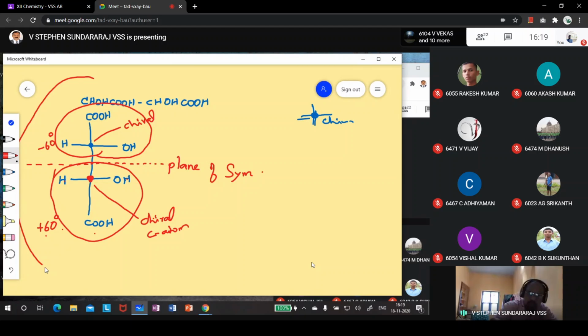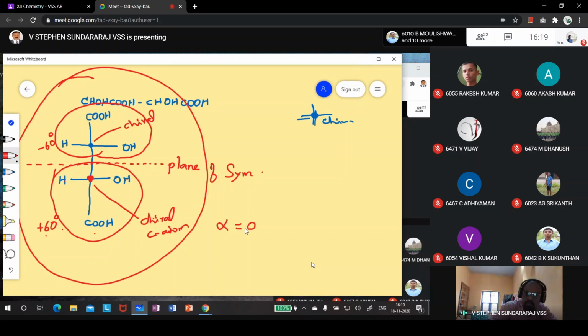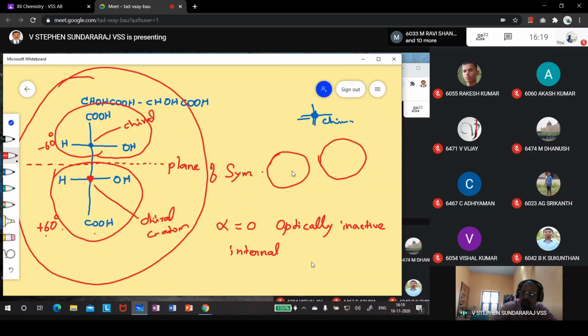But overall, for the molecule, what happened? The overall molecule's optical rotation is equal to 0. That means optically inactive, due to internal compensation. In the racemic mixture, in the last class, I used the word external compensation, because one molecule's rotation is cancelled by another molecule's rotation.